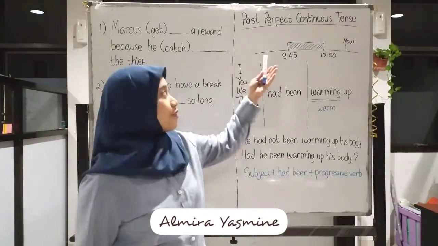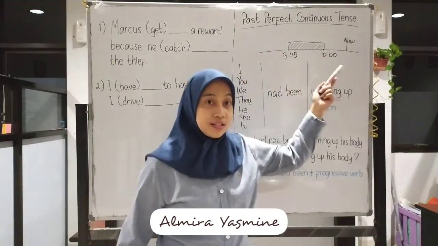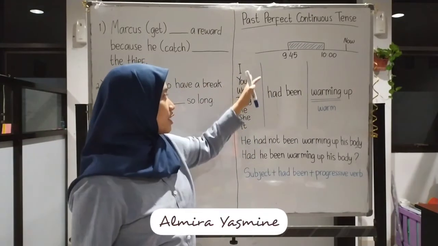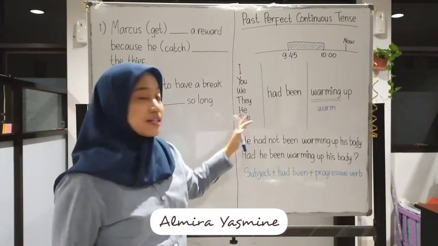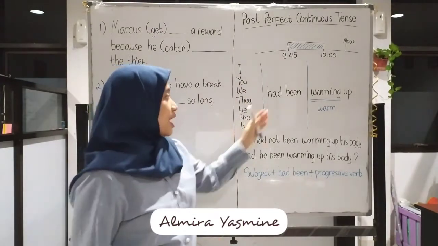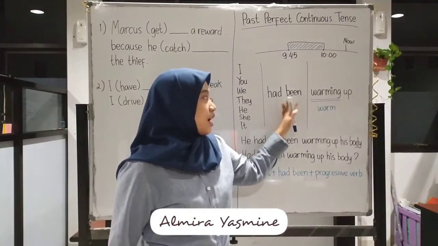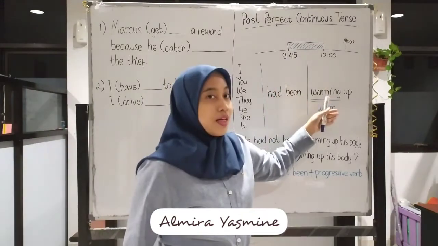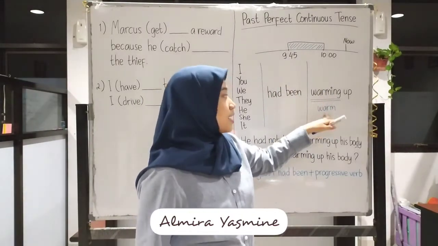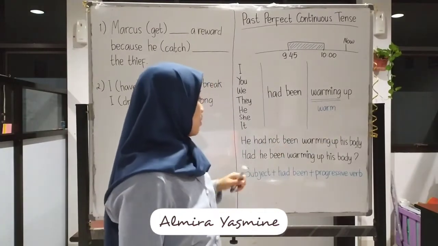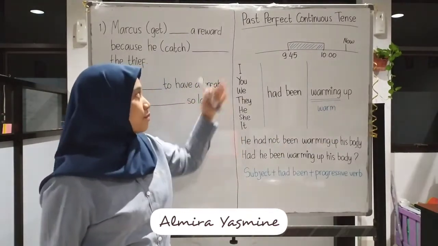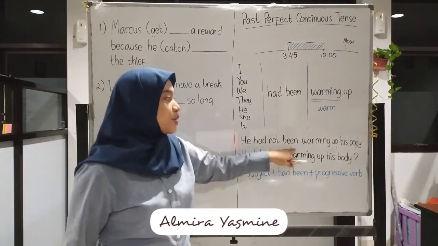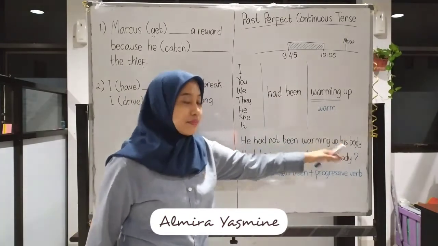From the example of the past perfect continuous tense, we can make it like this. You can use other subjects like I, you, we, they, he, she, or it. And then you add had, been, and also a progressive verb. Warming up is the progressive verb; the present verb is warm. This is the negative form of the past perfect continuous tense: he had not been warming up his body.